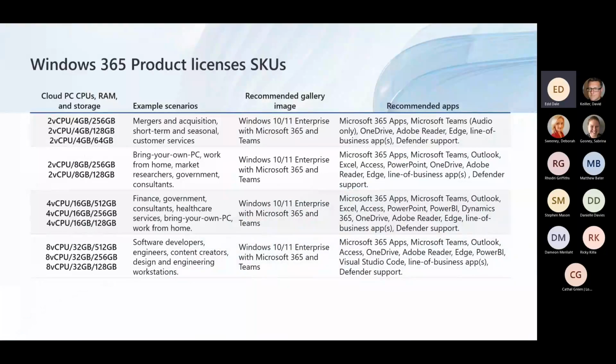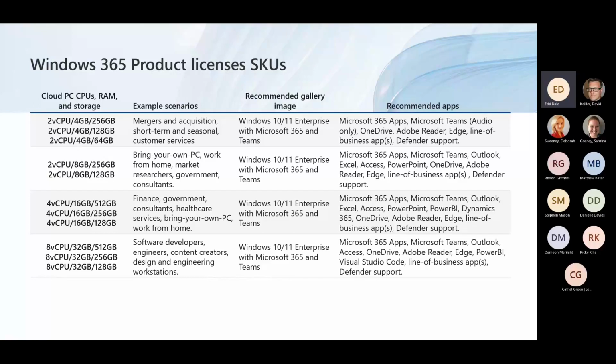Well, considering the 2 virtual CPUs, we would feel that aligns more to customers that maybe have short-term workforces, seasonal workers, like seasonal customer service staff, where they don't need to be doing insane amounts of CPU processing. So that's where this sits.